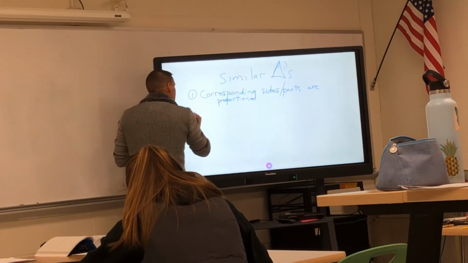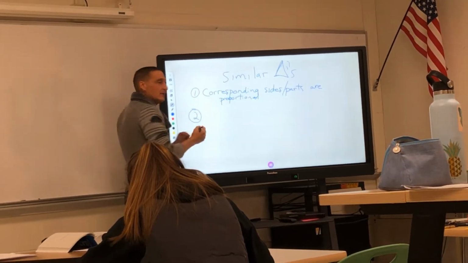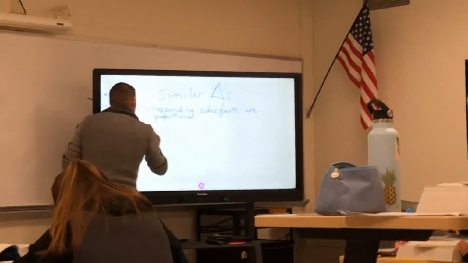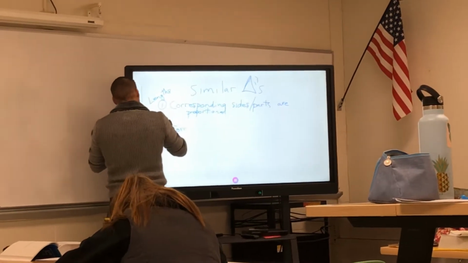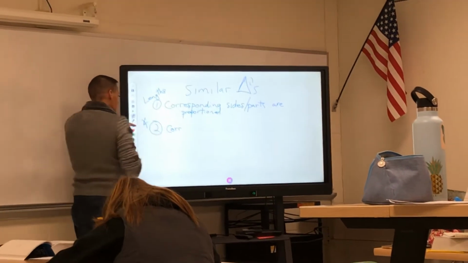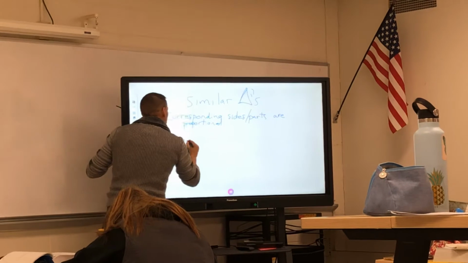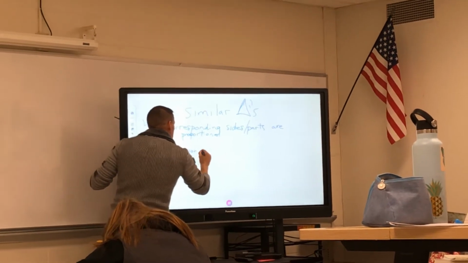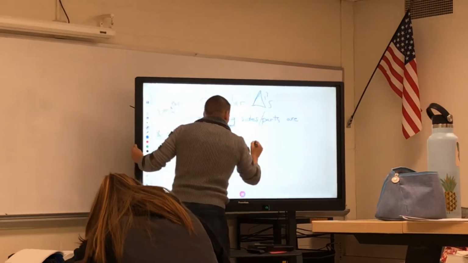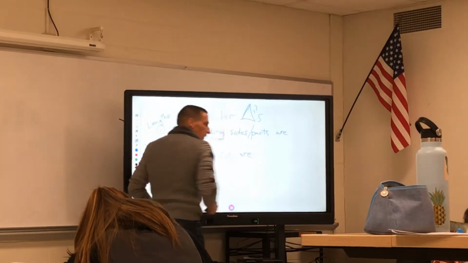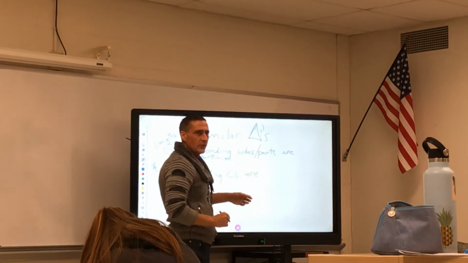The other thing that they'll test on focuses on the angles. So this is focusing on lengths, linear distance, and this is going to be angle measures. Corresponding angles are, I'm going to freak out geometry teachers and say equal.